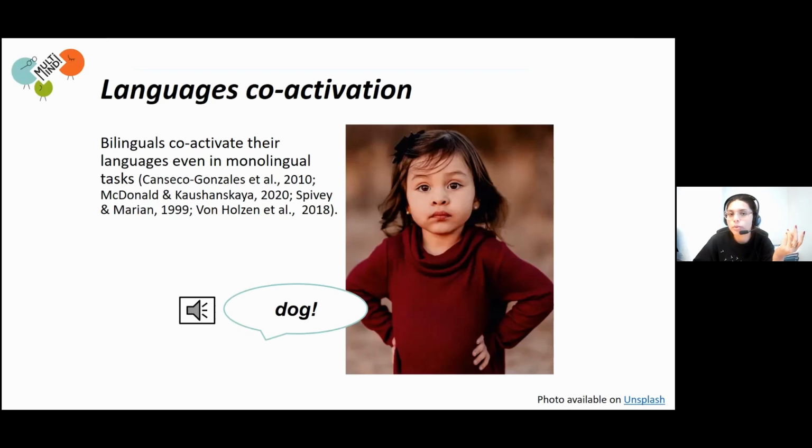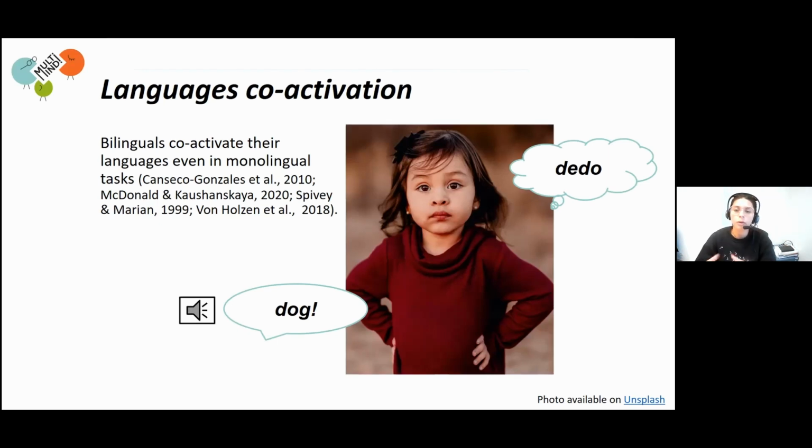And why would she do so? Because she has the knowledge that these two words, "dog" in English and "dedo" in Spanish, share some similarity at the onset of the label. These two words sound really alike at the start of the word. They share the phoneme D.